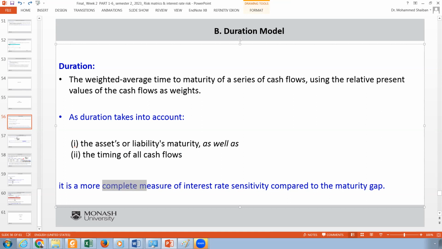Now, it is a comprehensive model because the repricing model deals only with the interest rate, with the net income statement. This one deals with the total of the bank's financial position, which is the balance sheet, which means they care about the assets and the liabilities.